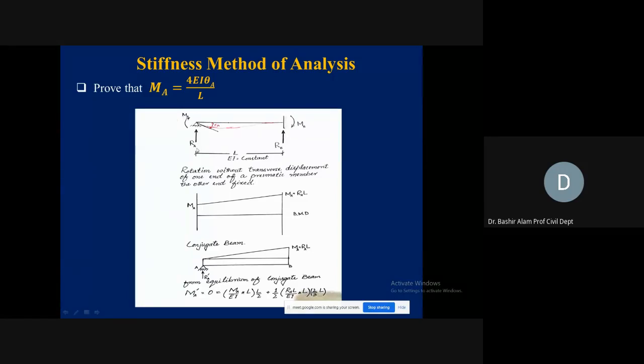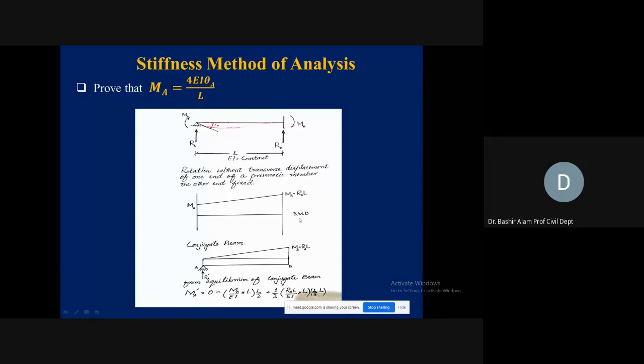It will be MA plus RA times L if we take moment of forces at joint B. So it will be MA plus RA times L, which is shown here at the right. So this is becoming the bending moment diagram. In between the member, we don't have any load, so it is going to change by a straight line. For this given condition, MA plus RA times L is actually MB, and this is the bending moment diagram.